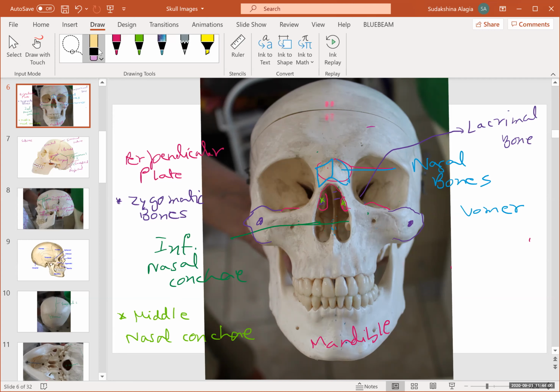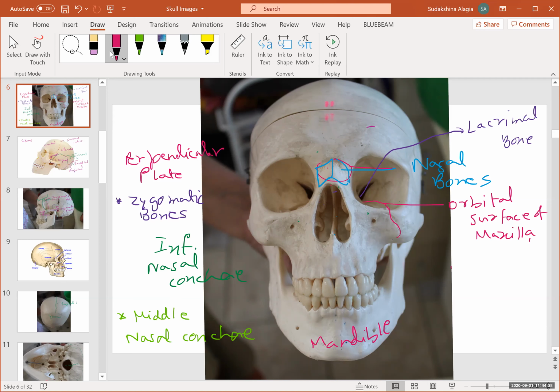Within the body of the maxillary bone, I'm going to erase some of this so that I can write new things. Let's just take care of the maxilla. Orbital surface of maxilla or maxillary bone.